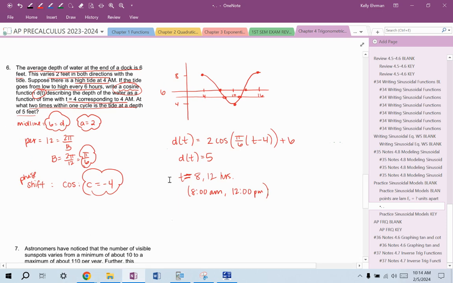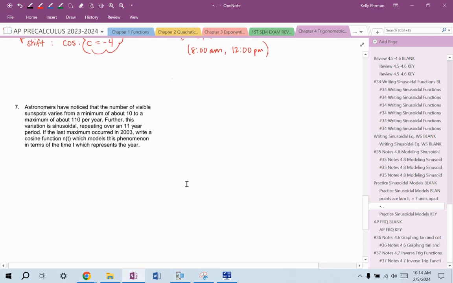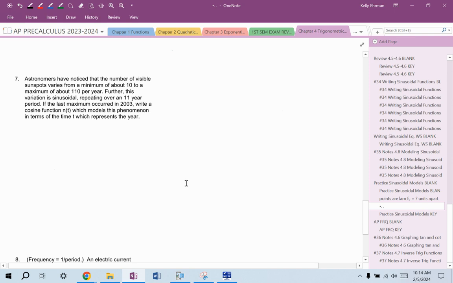Okay, number 7. Astronomers have noticed that the number of visible sunspots varies from a minimum of 10 to a maximum of 110. So that's enough to find the midline. 110 plus 10 over 2, 120 over 2 is 60. So there's the midline.